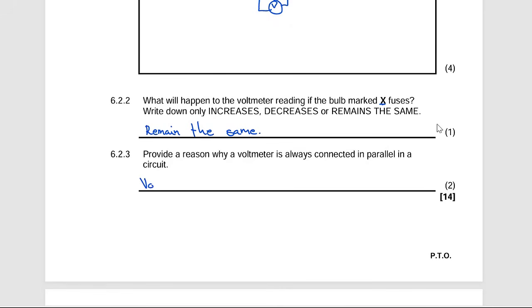So a voltmeter is a high resistance. It has got a high resistance, connecting in parallel. So if you are connecting it in parallel, what does it do? Parallel has got an impact.